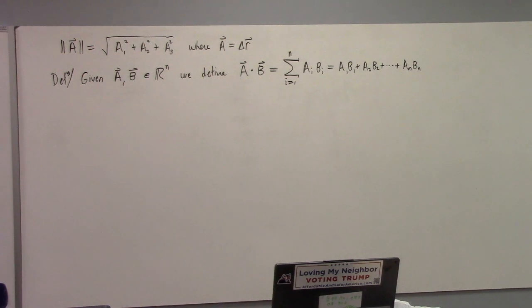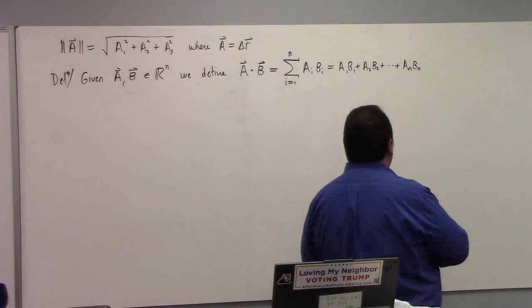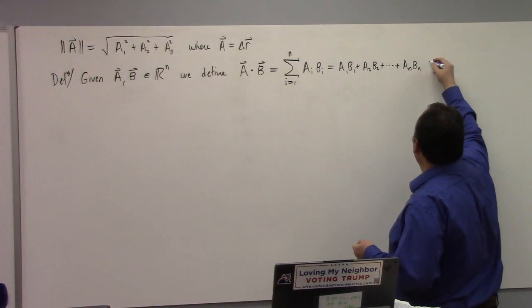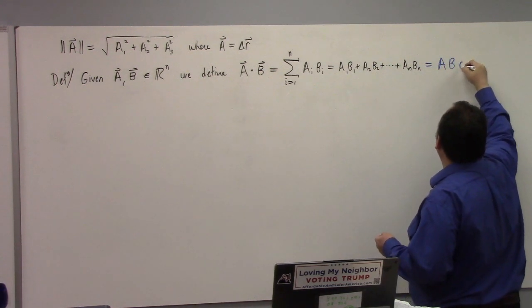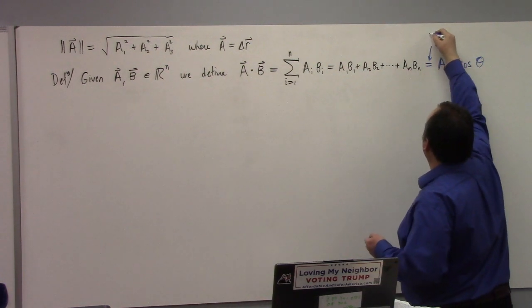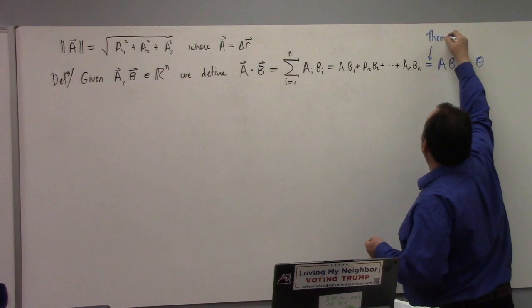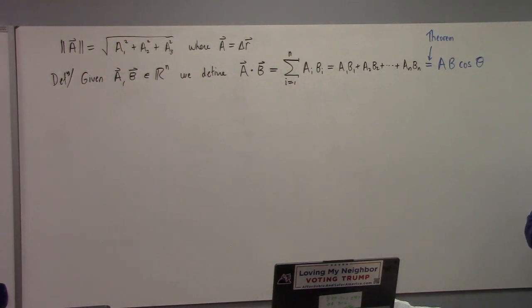And what I'm about to write is not the definition of the dot product, but it is a somewhat deep theorem. The theorem says that this is actually equal to A times B times the cosine of the angle between them. This is a theorem, and it's pretty much logically equivalent to the law of cosines.